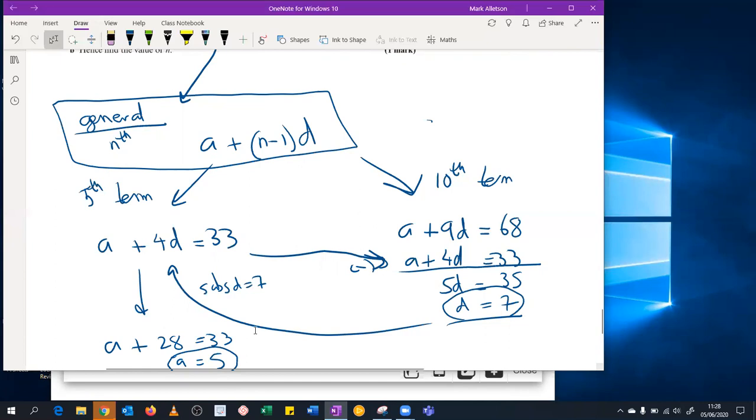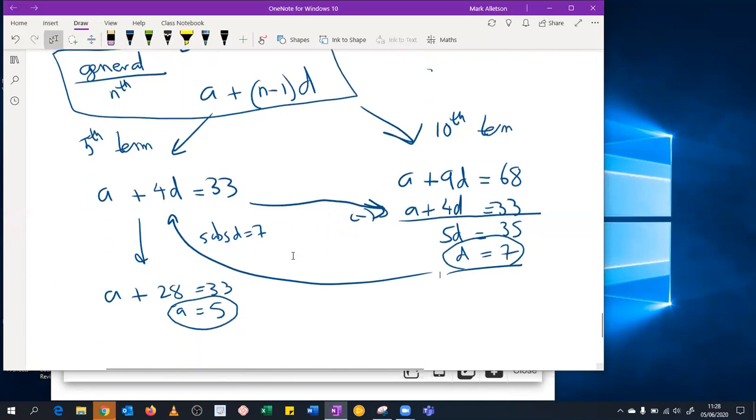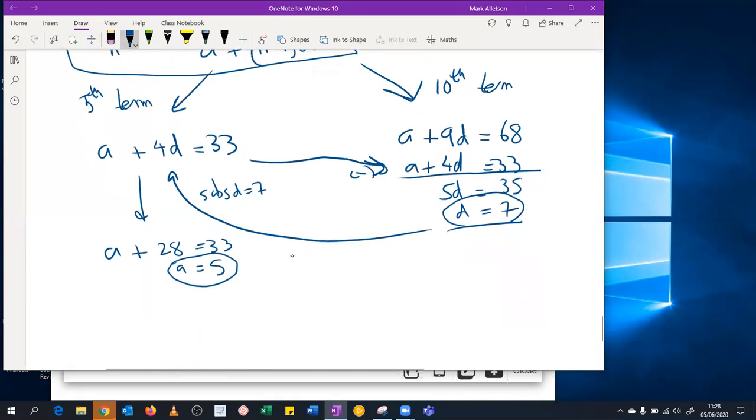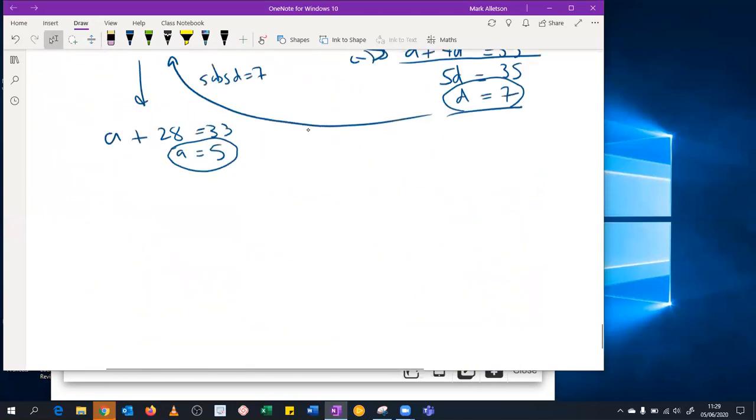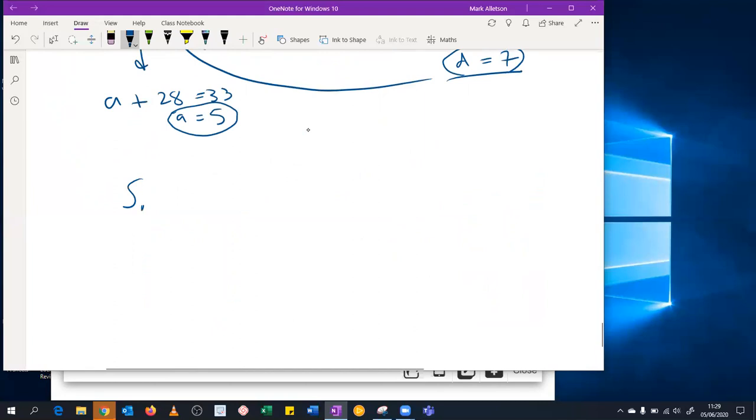Having a look at it, let's scroll down a bit. We have a and d. It then says the sum of the first n terms is 2,225. Well, the sum formula from yesterday is this one: the sum of a number of terms is a half n brackets 2a + (n - 1)d.